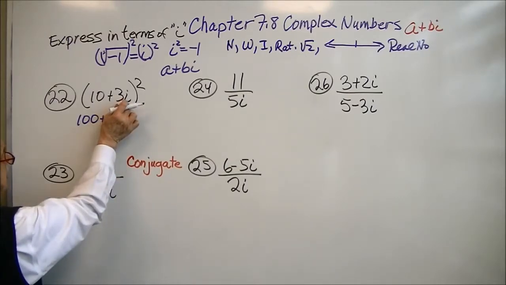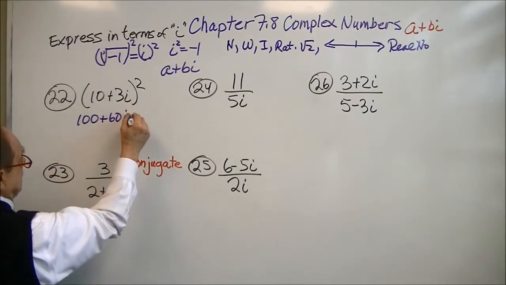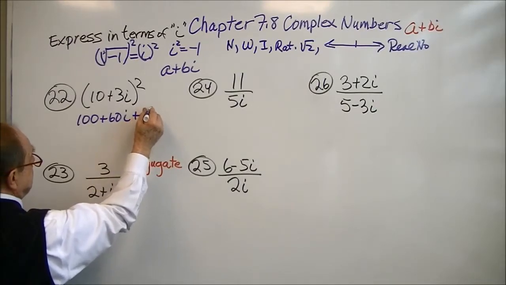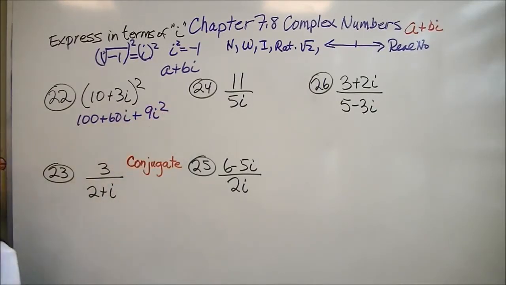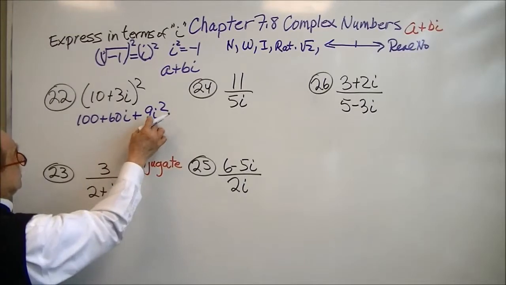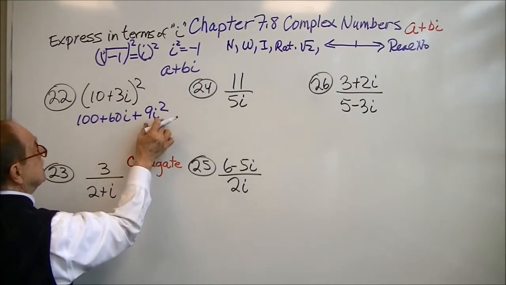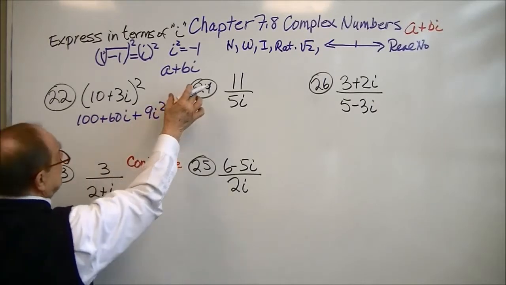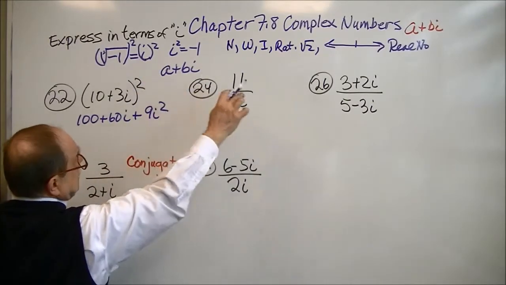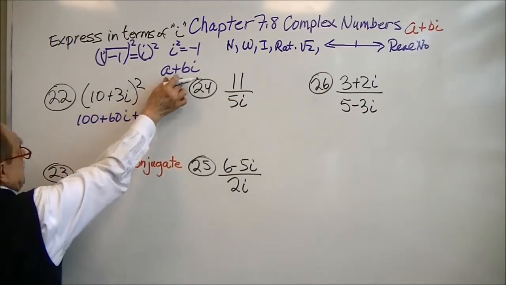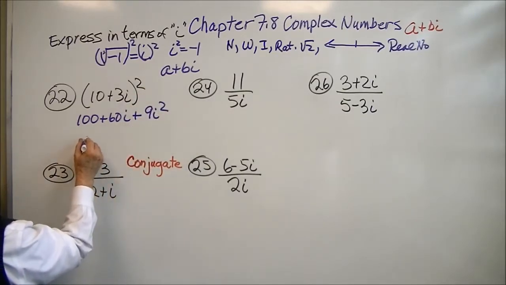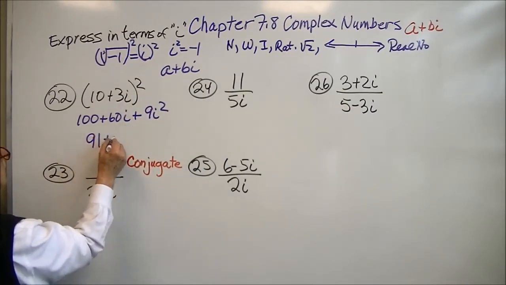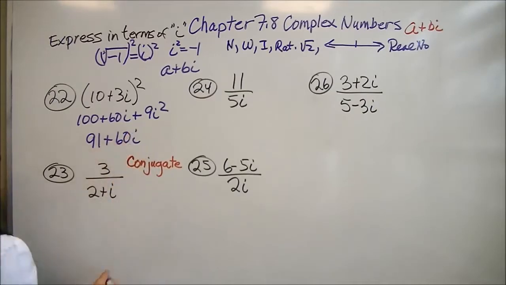Then we square our last term. That gives us a positive 9i squared. But we know that i squared is a negative 1. This is a negative 9. So our standard form, up over there and over here, is going to be 91 plus 60i.